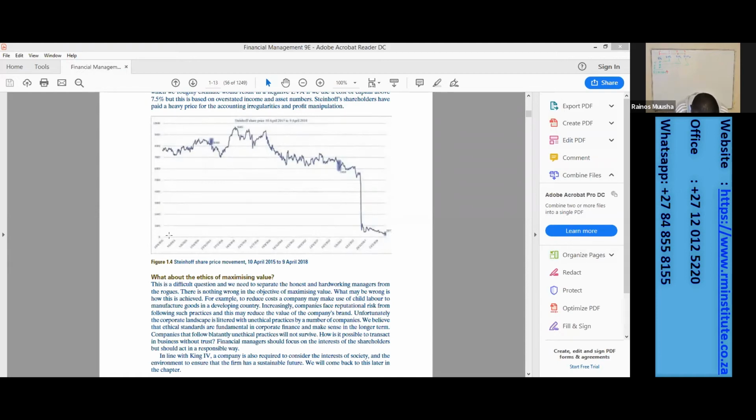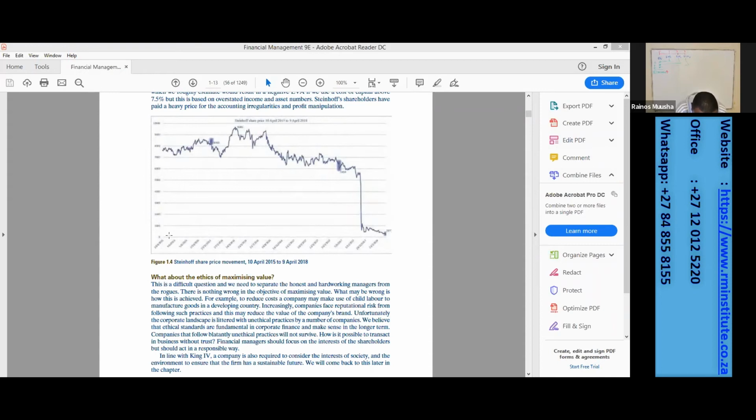What may be wrong is how this is achieved. So for example, to reduce cost, a company may make use of child labor to manufacture goods in the developing country. So increasingly, companies face reputational risk from following such practices, and this may reduce the value of the company's brand.